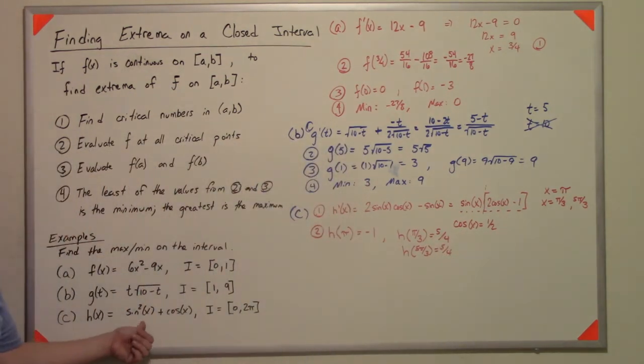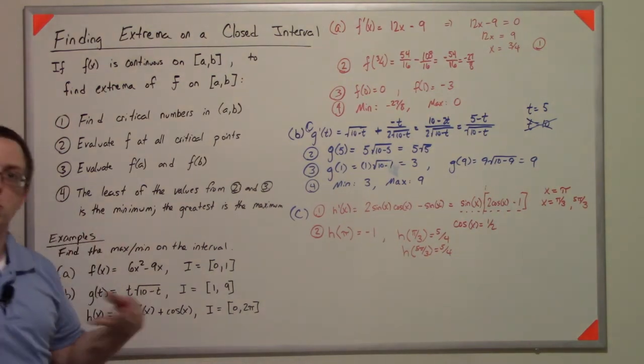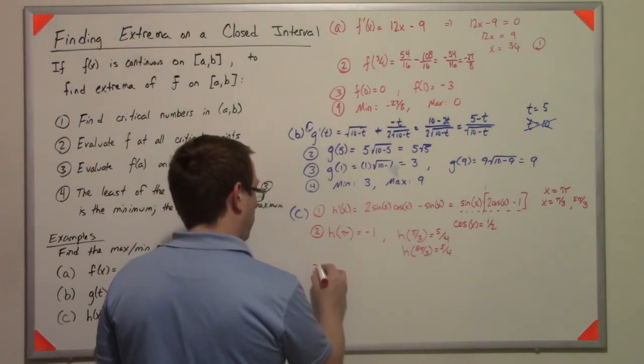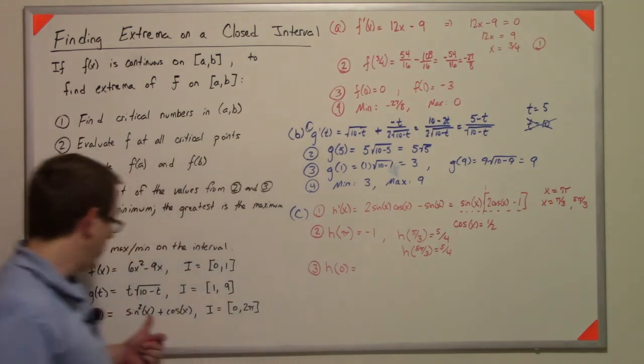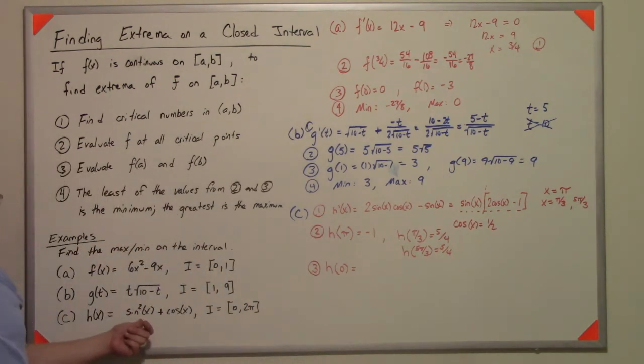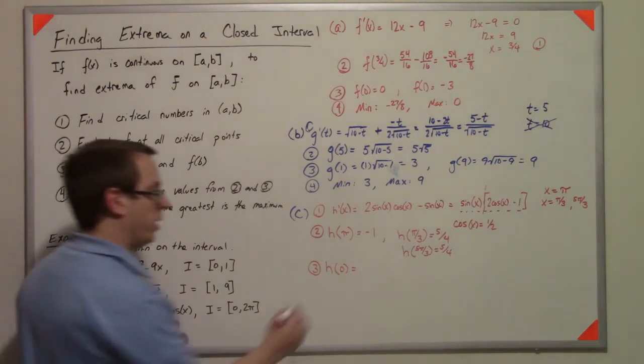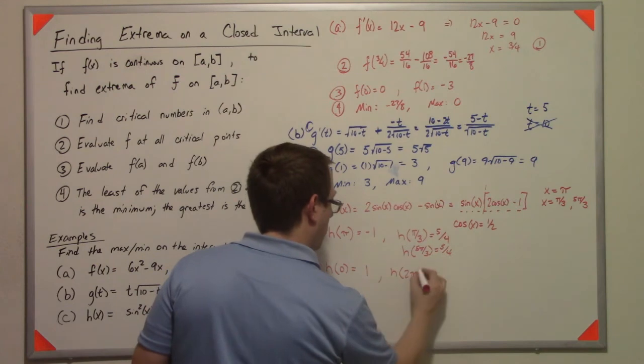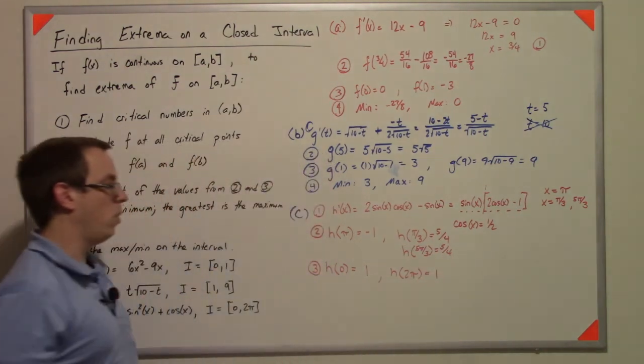sine of 5 pi over 3 is negative square root of 3 over 2, when you square it, it becomes positive 3 over 4. And so then we have part 3, we have to take it at the endpoint. So when x is 0, sine is 0, cosine of 0 is 1. And the same thing is true there. Those are 1 and 1.